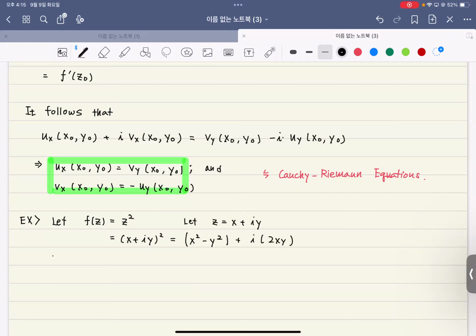So for this function, the real part, u(x, y), is x squared minus y squared, and the imaginary part is 2xy, right? Now let me verify if these two functions satisfy the Cauchy-Riemann equations. We already know that u and v must satisfy the Cauchy-Riemann equations because we know this function is complex differentiable.